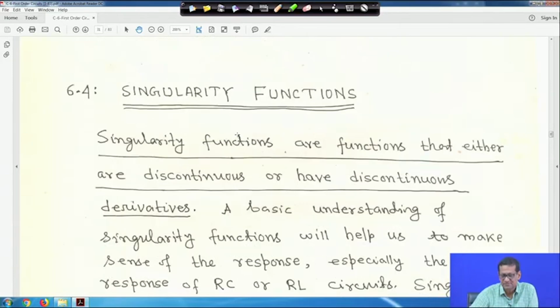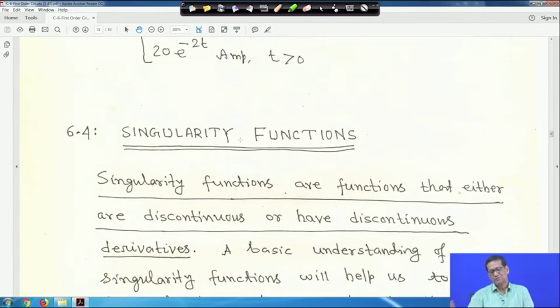So up to here is the source free circuit that we have studied so far. The next topic is singularity functions, because we now have to take circuits where a source is present.